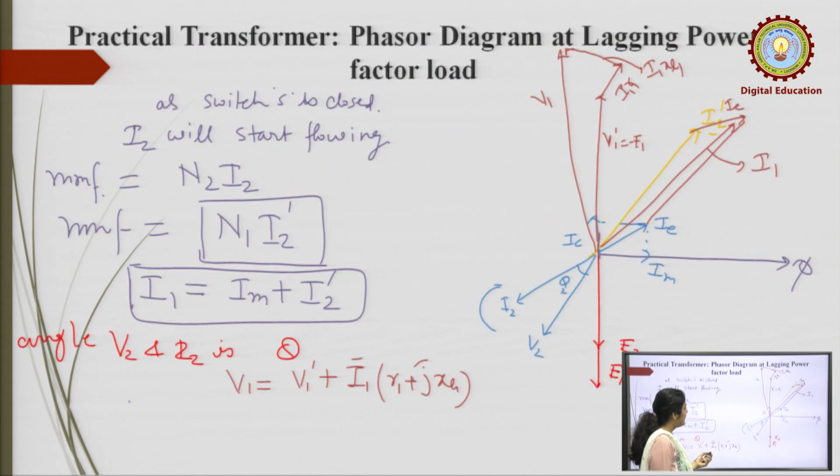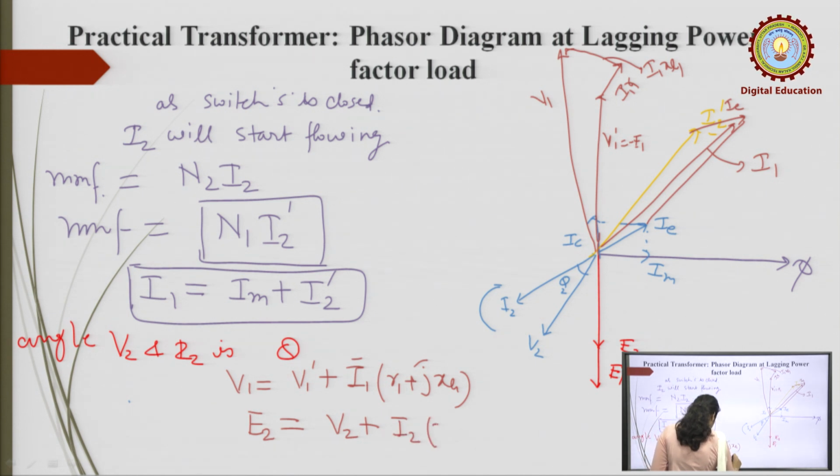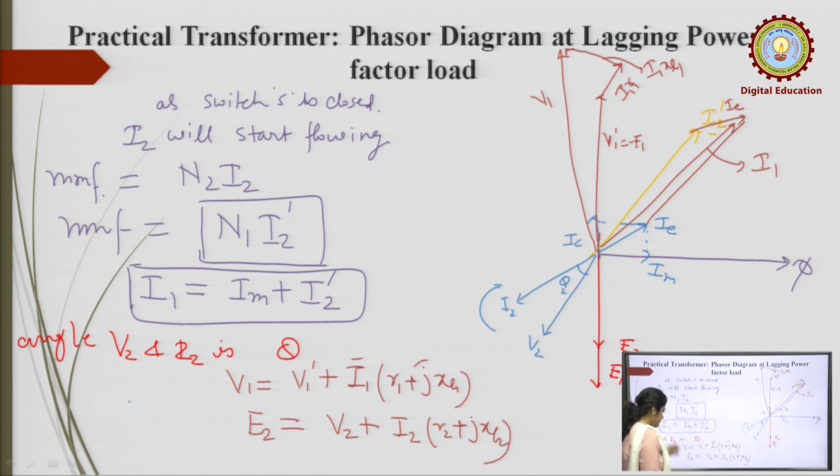So, you can write E2 is equal to V2 plus I2 (R2 plus jXL2). Now, you add it to V2, and this gives you E2.